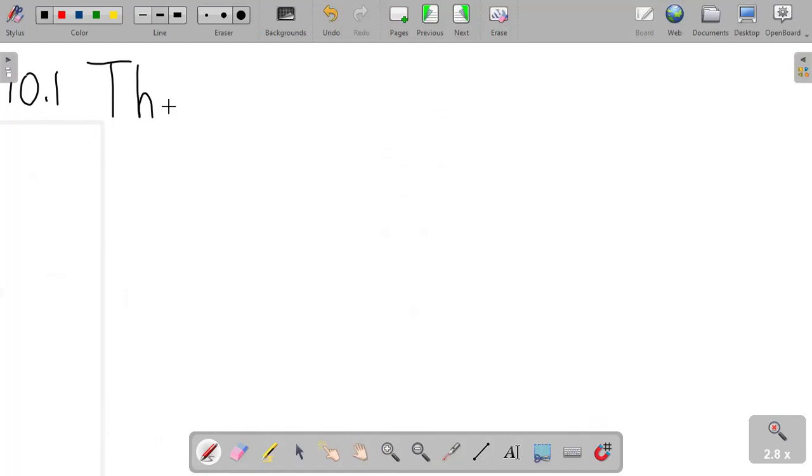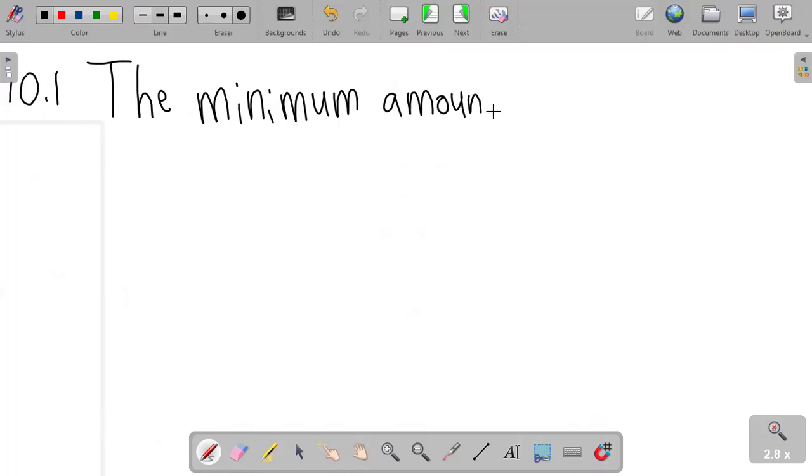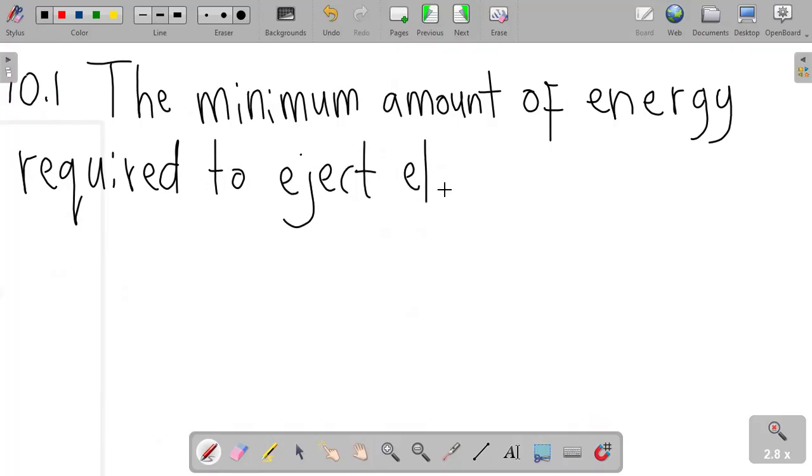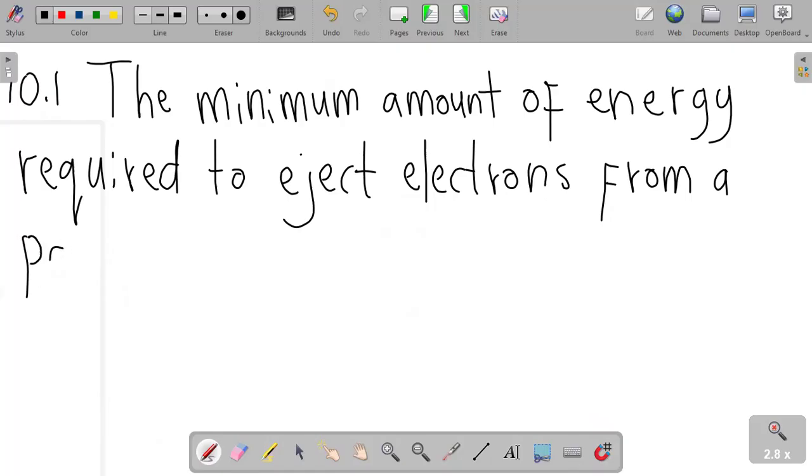It's the minimum amount of energy required to eject electrons from a particular metal surface.